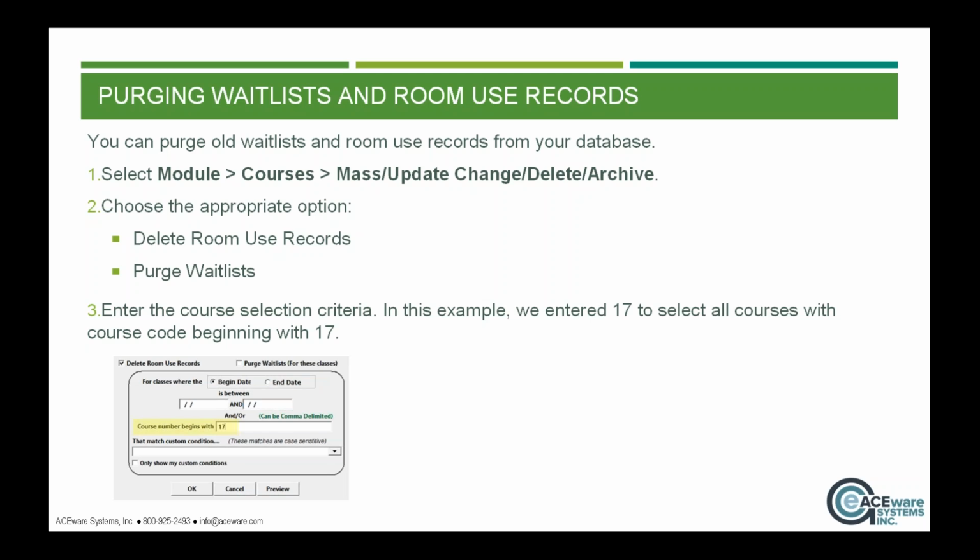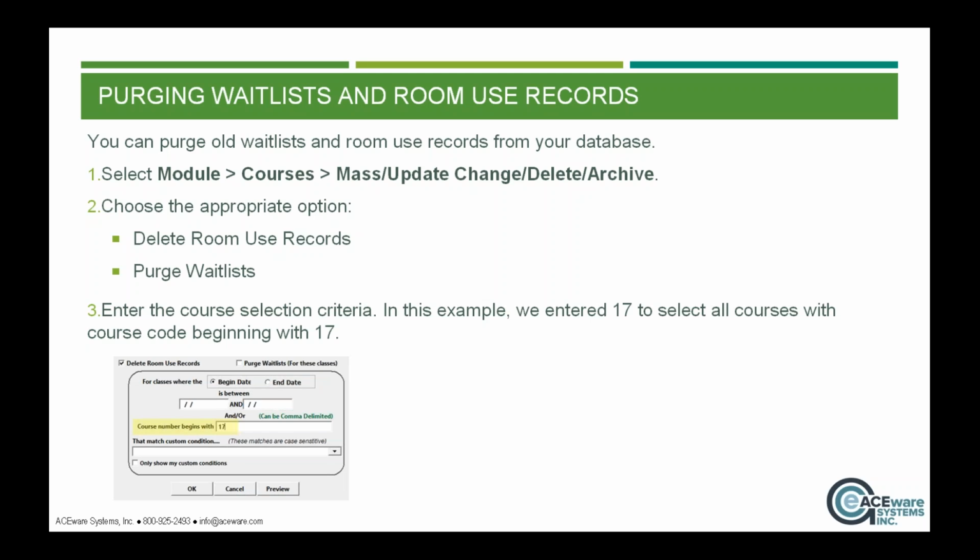The argument can be made, you want those wait lists to be able to look back and say, gee, we couldn't fill this class, we could have filled another class, look how many people we had on the wait list. But if you're talking about records that are many years old, there's really no good reason for that information to still be in your data set. It's simply taking up space, taking up time when you're looking for something. So again, we've got a great tool here to clean this up.